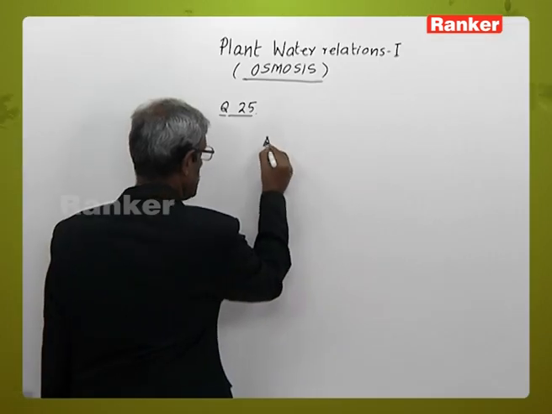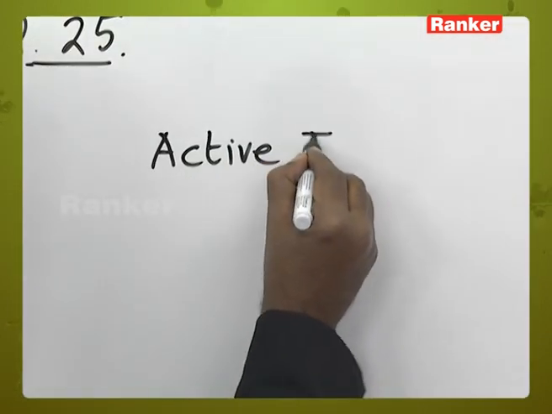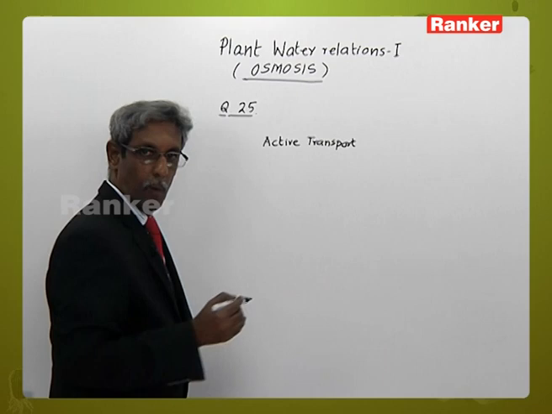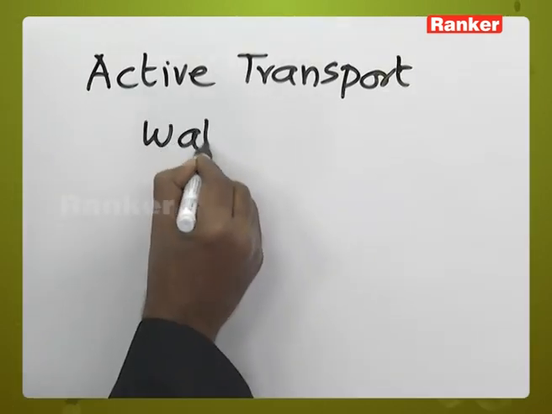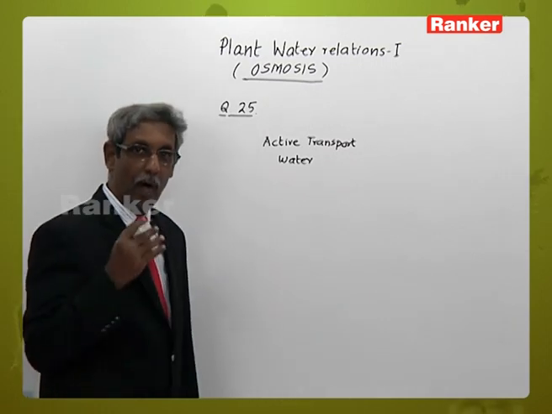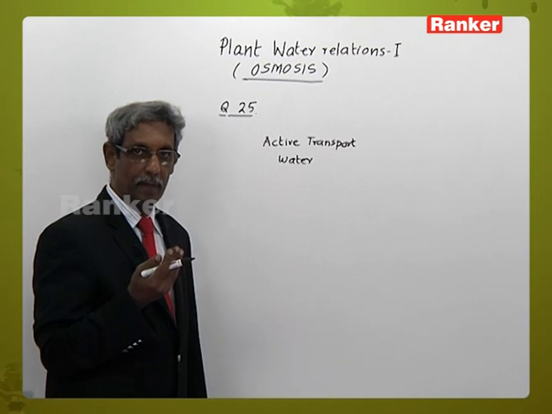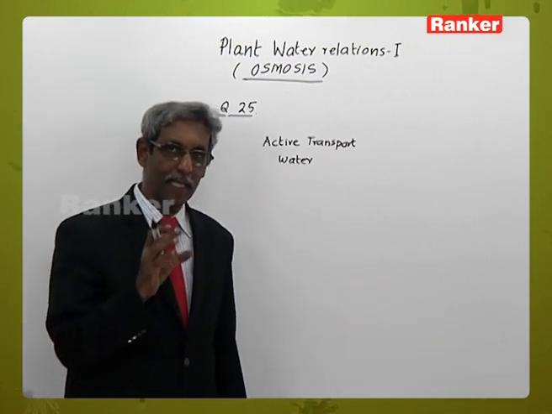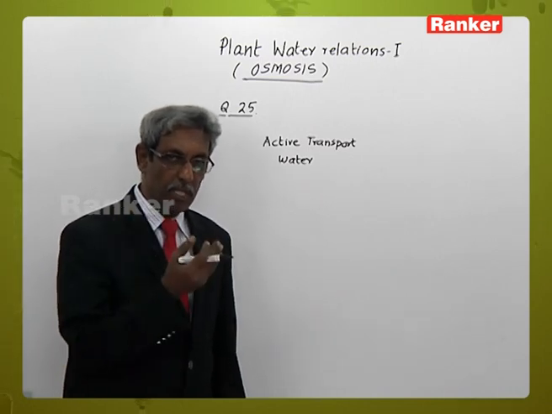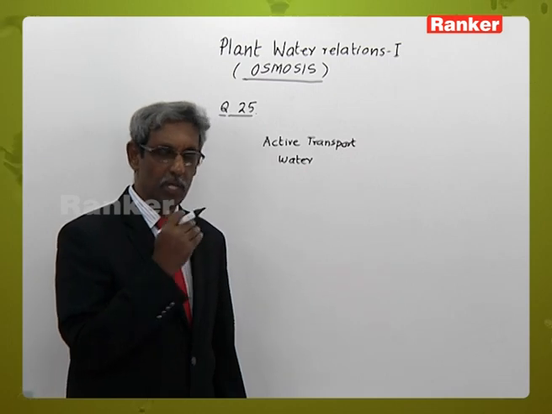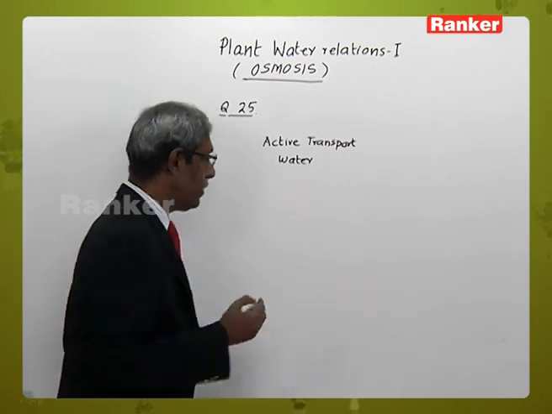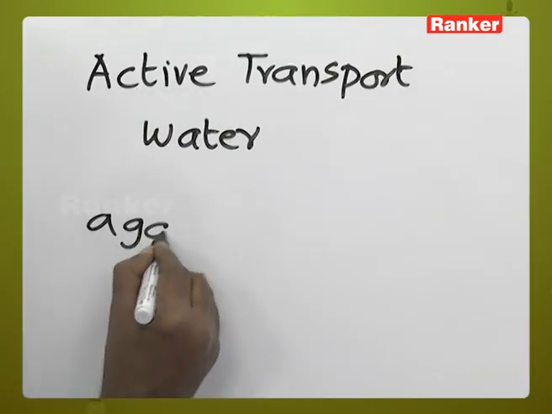If we consider the presence of active transport of water, if active transport of water needs to occur, it needs to move against a chemical potential gradient. That is, in a cell there are several chemical reactions. If a potential is created, there is variation in the charges and a gradient is created, the gradient is against the chemicals, so it is termed as against the chemical gradient.